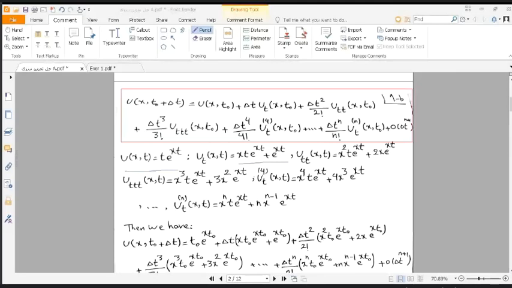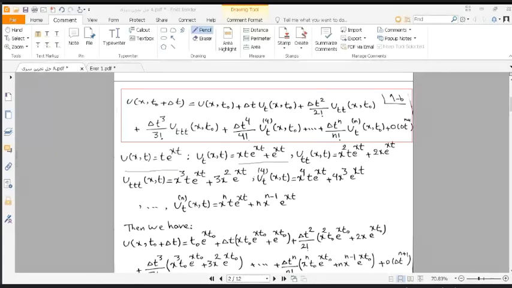You should repeat the derivative until the end, to order n. This is the first derivative, xt e to the power xt plus e to the power xt.